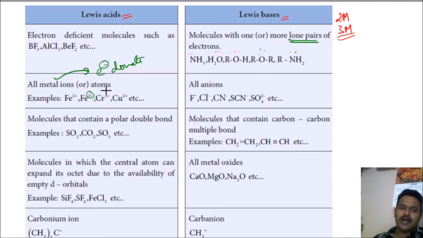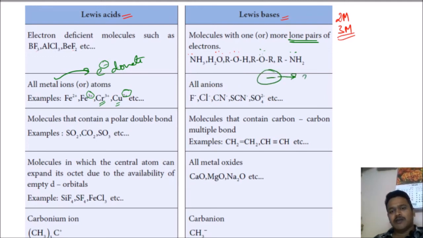Chromium 3 plus has already lost 3 electrons, now in a poor state. Copper 2 plus has already lost 2 electrons, now also it is electron deficient, so they are called Lewis acids. I am not saying a metal, metal means electron donor. Metal ions, after donation, are poor in electrons, so now they can behave like Lewis acids. All anions, anion means negative charge.